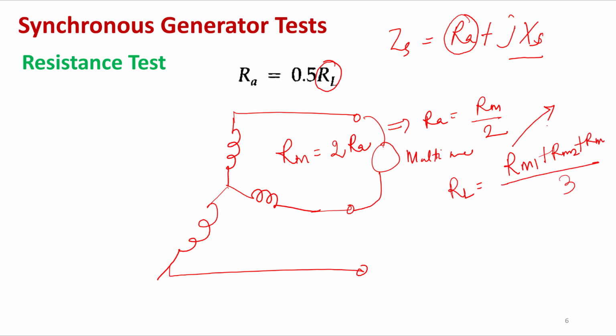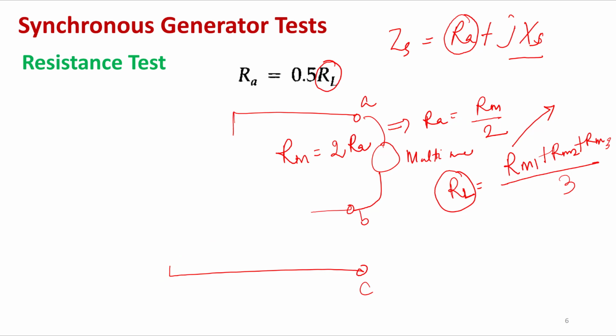RM1 is the first measurement between A and B, RM2 is between B and C, and RM3 is between C and A. Then your average RL will give an accurate result. You take this RL, the average of these 3 measurements, and find RA, which is equal to RL by 2, that is 0.5 RL.